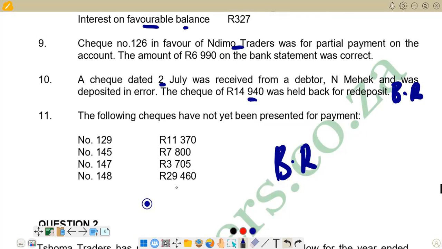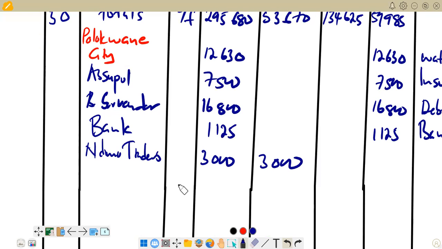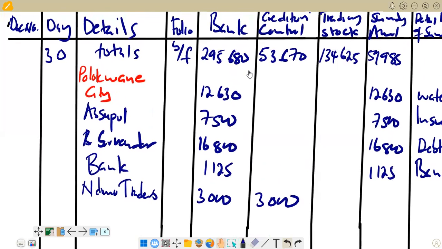So at this point now, we can calculate our totals for the cash receipts journal and cash payment journal. We can start with the cash payment journal and see what total we have there. Remember we're starting from 295,680, we add 2,630, we add 10,500, we add 16,800, we add 1,125, we add 3,000.